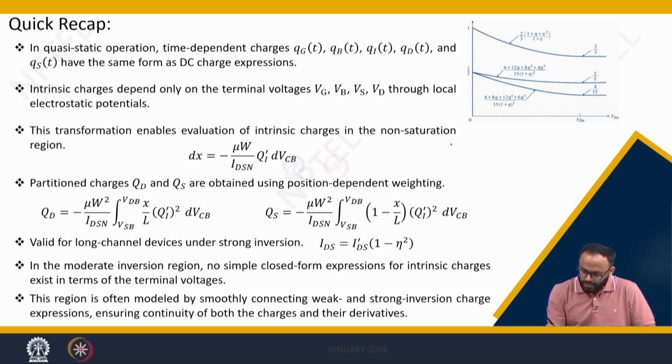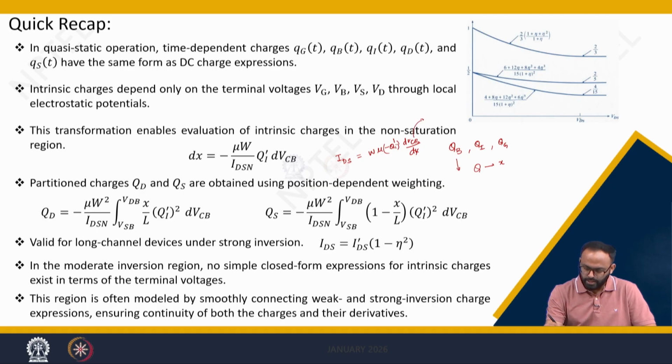We related the charge, which is either QB or QI or QG, in terms of terminal voltages. We said that we do not have any closed form equation for strong inversion where charge is related with position, and hence we changed the variable by rewriting the equation for drift current, because drift is dominant in strong inversion, which is nothing but W into mu into minus Qi dash into dVCB divided by dx.